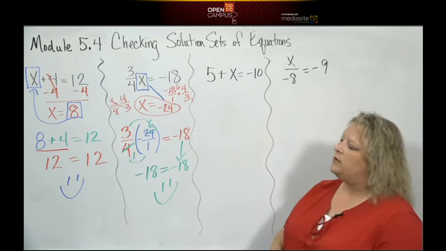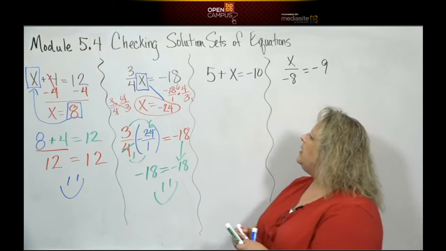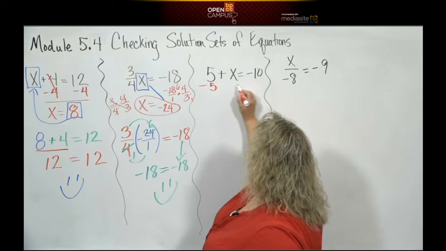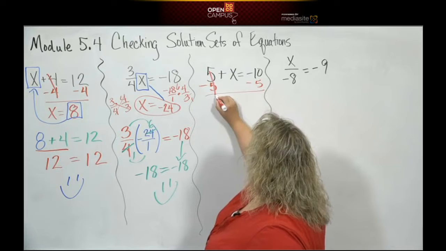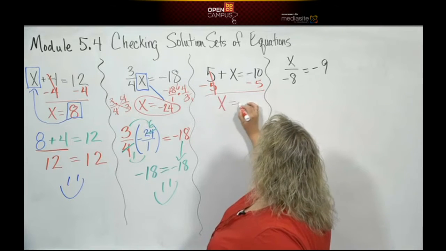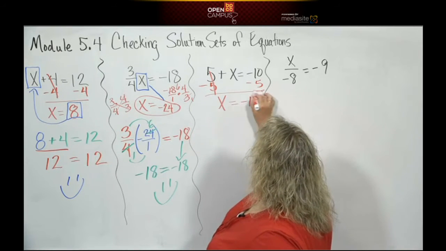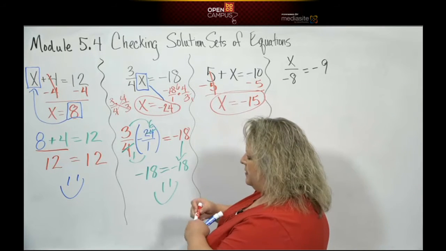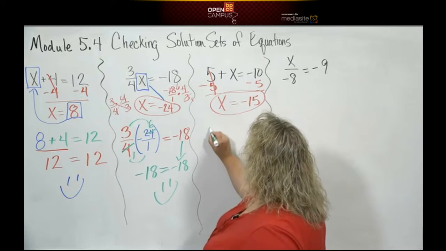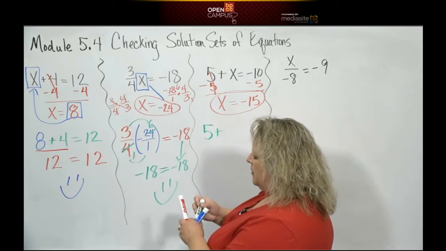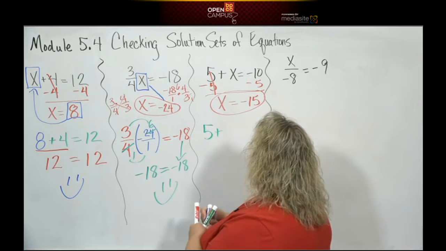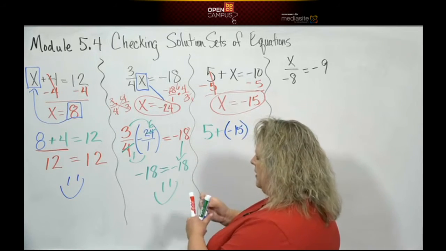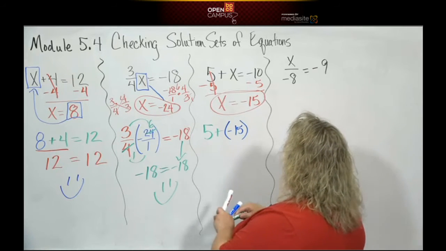All right. So now let's look at this one. This next one, in order to solve this, what did I have to do? I had to subtract 5 from both sides. And when I subtracted 5 from both sides, I got x was equal to negative 15. So let's see if I really got the correct answer. So that gives me 5 plus my substitution, and my substitution is negative 15, is equal to negative 10.